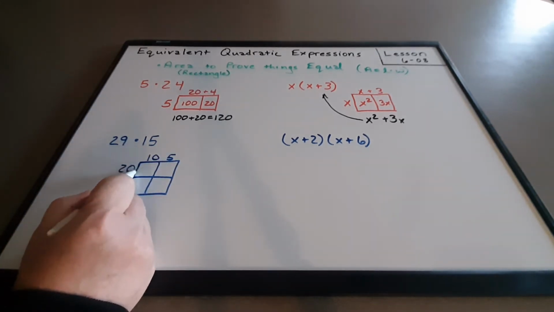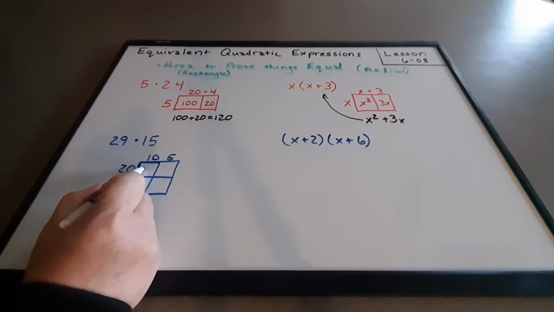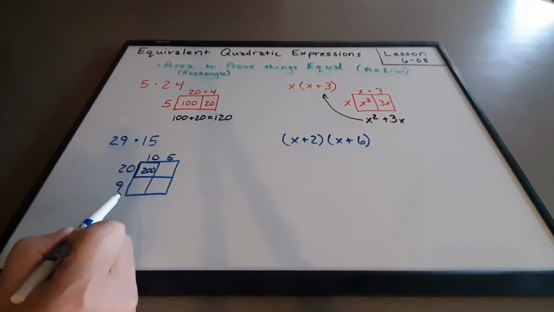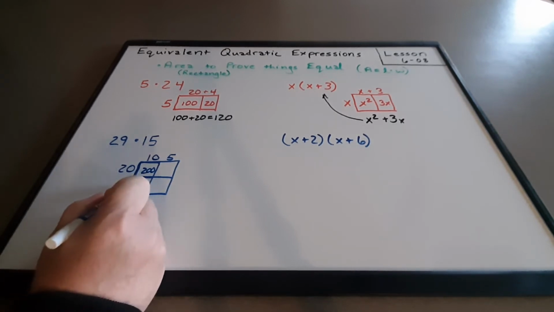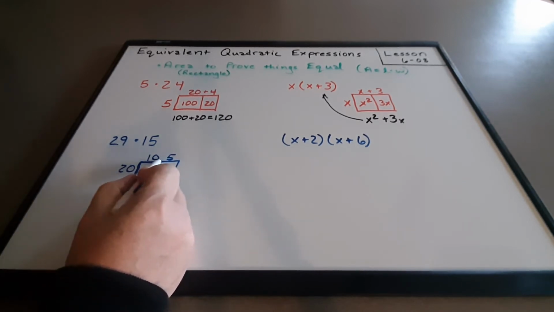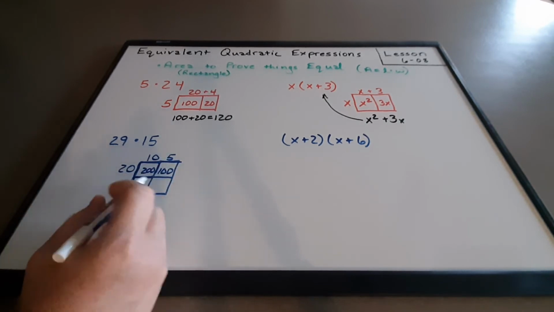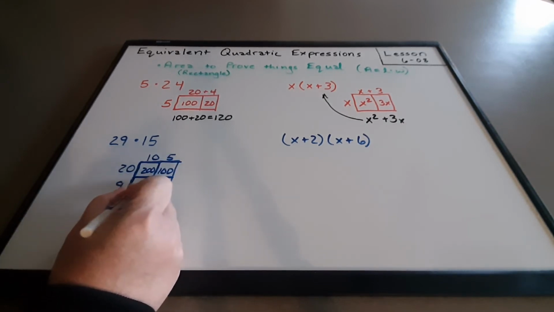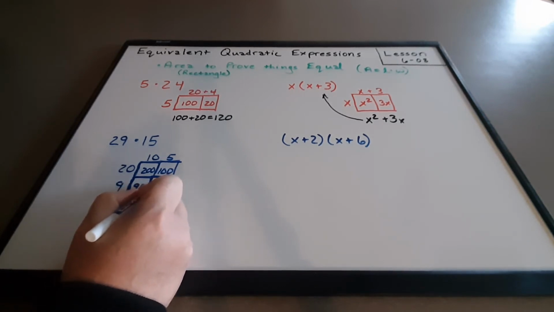Now, this box in here is made up of 20 and 10, so that's going to be our 200. This box right here is a 9 and a 10, so we're going to get 90. This box here is a 20 and 5, so we're going to get 100. And this box over here is a 9 by 5, which is 45.